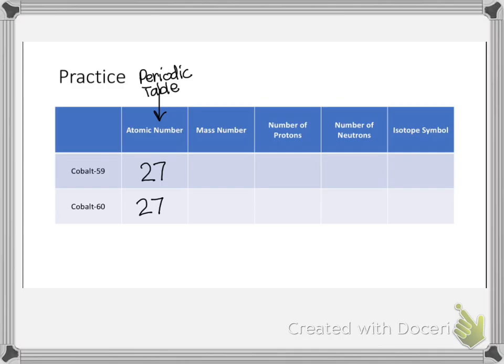Now the mass number is equal to protons plus neutrons, but it's given in the problem, so it's not something I'm going to have to calculate for this example. Right here, this number after the dash is the mass number.